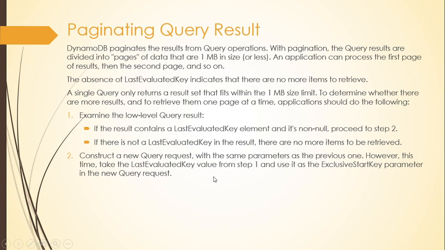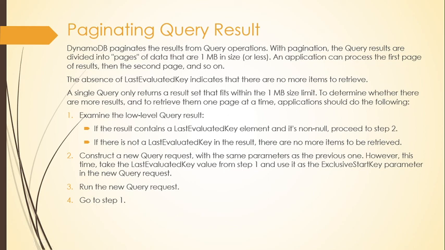The second time you use the same query with one additional option, ExclusiveStartKey, and for this you pass the value of LastEvaluatedKey from the first query result. Run the new query request and go to step 1. In this way you can retrieve all your records, all your pages.